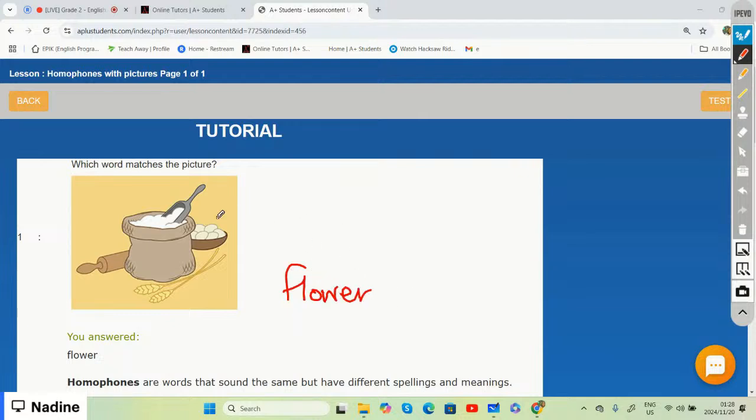But now, what is the word that matches this picture? So we need to find the word that sounds the same as this word, but that matches the picture that we see over here.